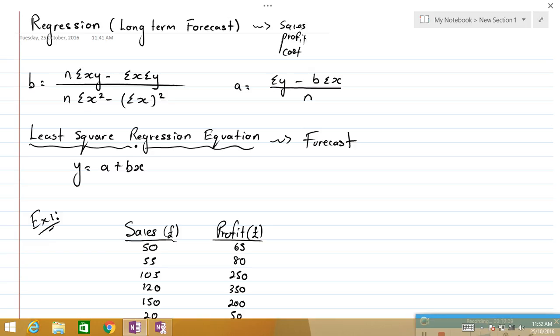So you have to be very careful here. Now in the product moment, when I taught you the product moment, I told you, guys, if you choose the wrong x and y, you're still able to get the correct answer. But here if you choose the wrong x and y, you'll be getting the wrong answer.